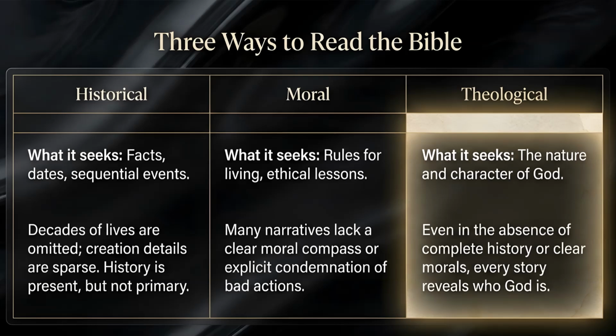But if Genesis was primarily a modern history textbook, it would give us a lot more technical details about specific scientific mechanics and lots of biographical timelines, lots of things that we want that are not in the text. The text just omits them. History's there, but there's a lot left out, and so that's not the primary purpose behind the narrative.